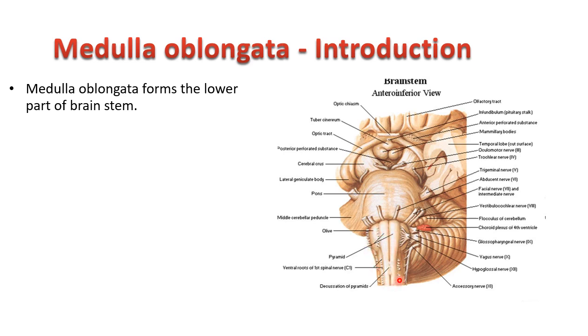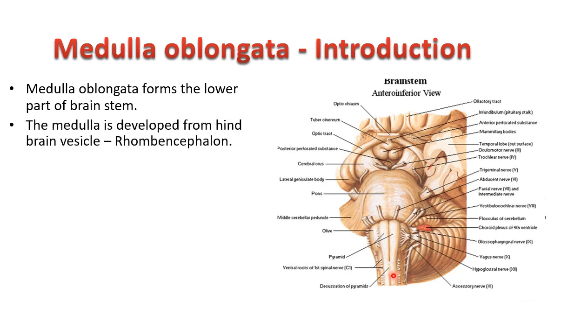So that is why it is also called the bulb, the lower part of your brainstem. So midbrain, pons, and then lower part of the brainstem is the medulla. So the medulla continues downwards as the spinal cord, okay, from the upper border of the C1 vertebra.